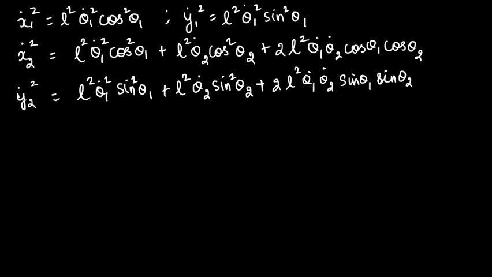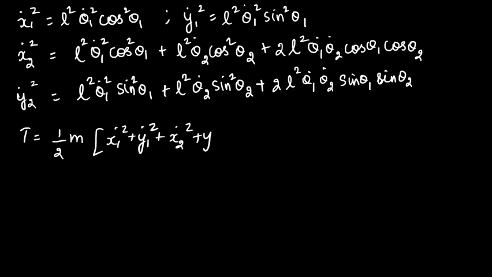Now we are going to substitute in our kinetic energy, which is T is equal to half m times x1 dot square plus y1 dot square plus x2 dot square plus y2 dot square. If you see over here, when you add x1 dot square and y1 dot square, your cos square theta plus sin square theta will be 1.